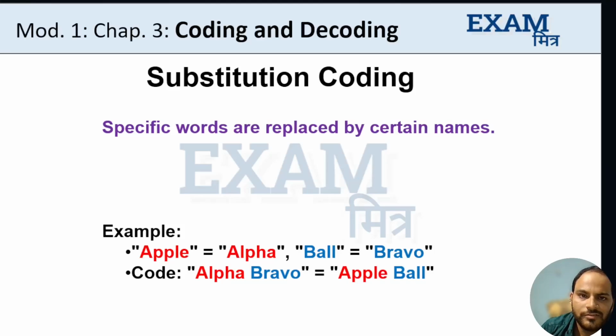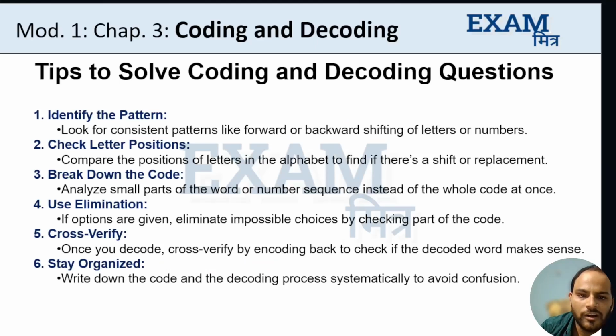Let's move forward. Now, how to solve questions based on coding and decoding? The first step is identify the pattern. Look at the pattern. Is it a letter coding or direct letter coding or some number or symbol coding or substitution coding? We need to first identify the pattern. And if it is a letter coding, then is it forward or backward, and so on. Again, check the letter position.